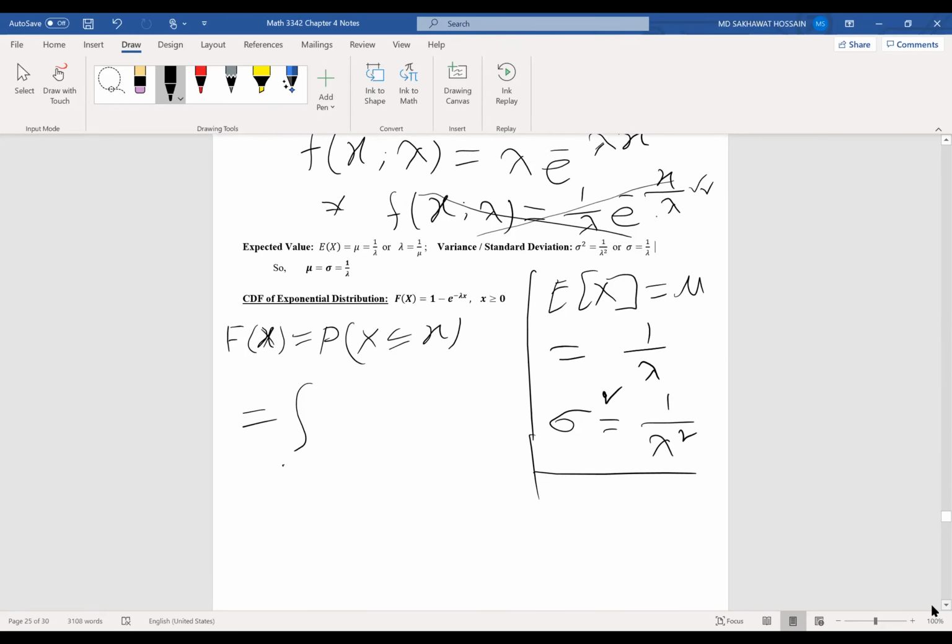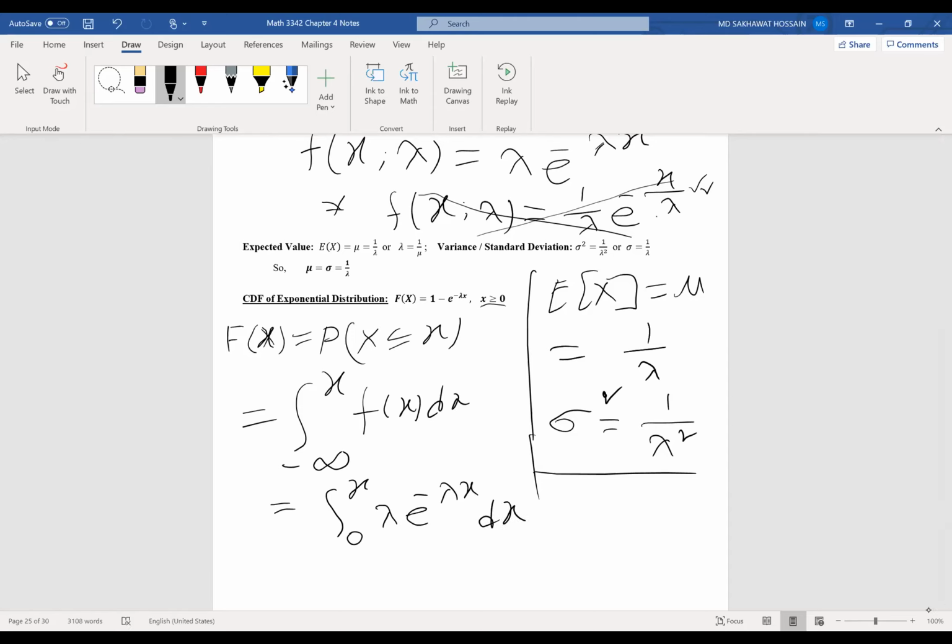So in this case, the definition is the integral from negative infinity to x of f of x dx. Here the lower limit will be 0 because the function is defined from 0 to infinity. So from 0 to x, the PDF is lambda e to the power minus lambda x dx.